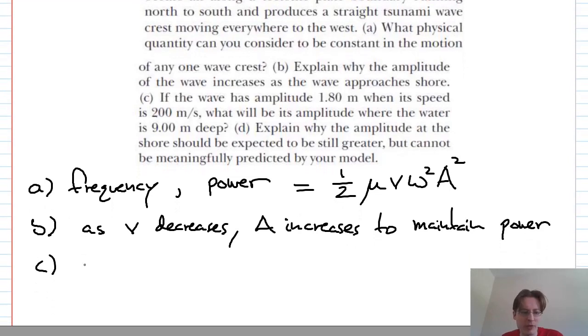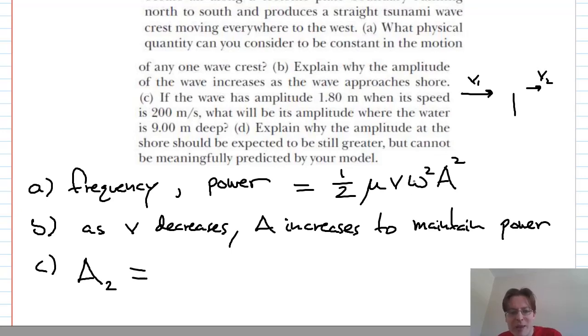Okay, so we're trying to predict the amplitude in shallow water. Call it A2. It starts with amplitude 1 and ends with amplitude 2. So amplitude 2, if I look at the power expression, if energy is conserved, V times A squared is maintained. A sketch might help. Here's deep water, where the speed is very fast, V1, and it slows down, V2.